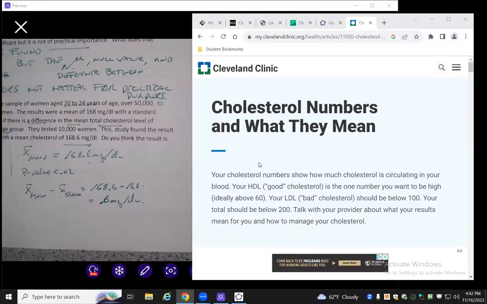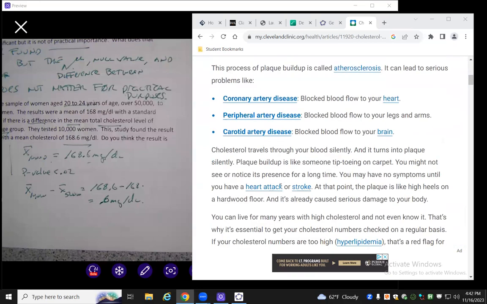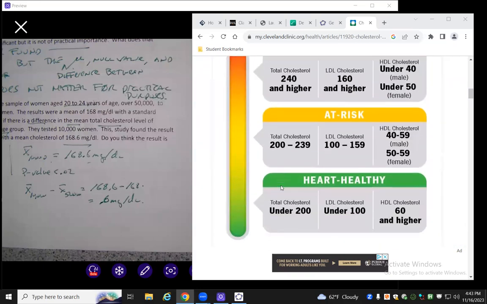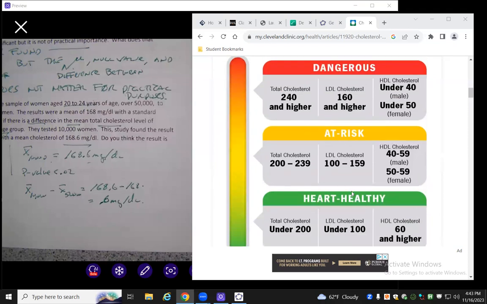So I looked at the Cleveland Clinic website, and pretty much everything else seems to suggest that this is correct. It had a nice, cute graphic. We were looking at total cholesterol level, broken down between the two different types of cholesterol. But it looks like, hey, heart healthy is under 200, fine.